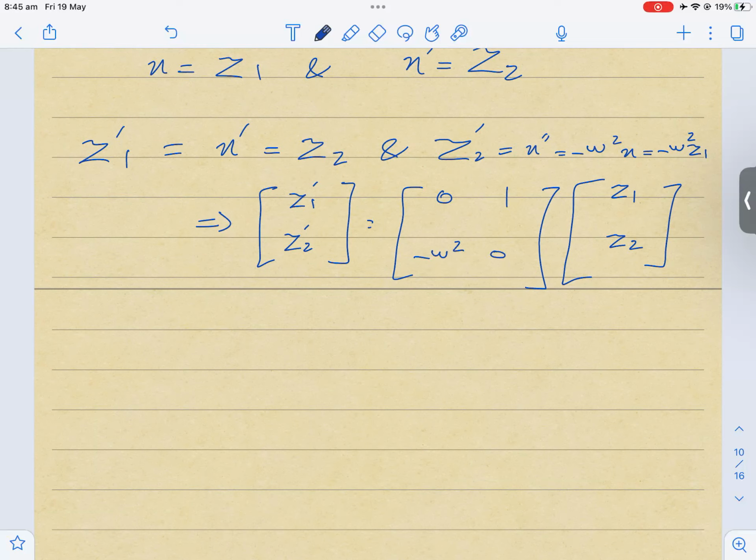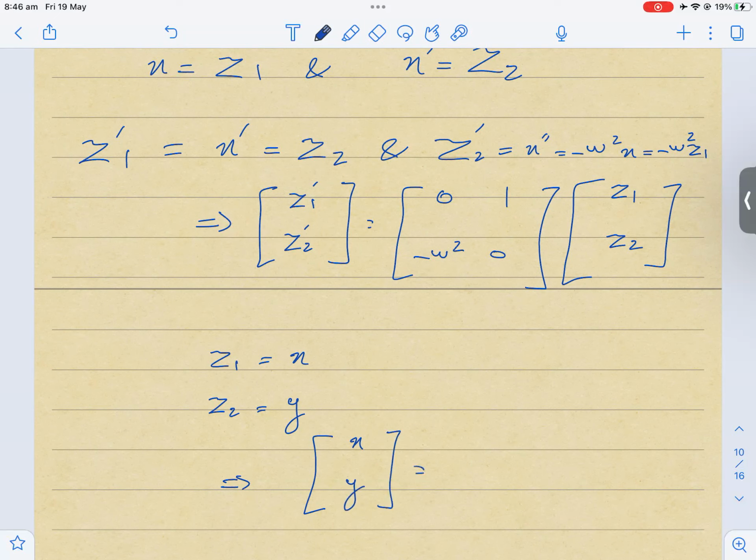Now, z1 is x, and z2 I assume can be y. So I just rename them. This should be x and y, instead of z2 it should be y.